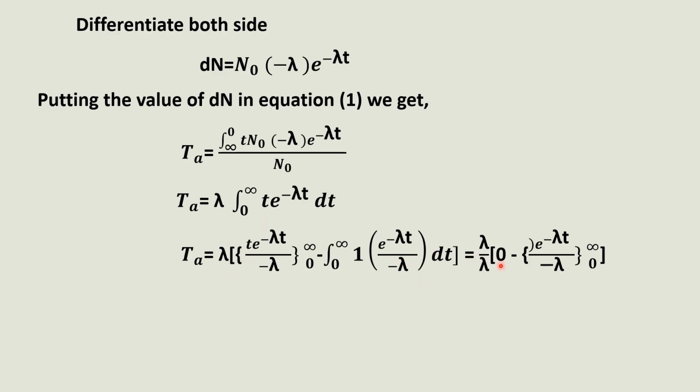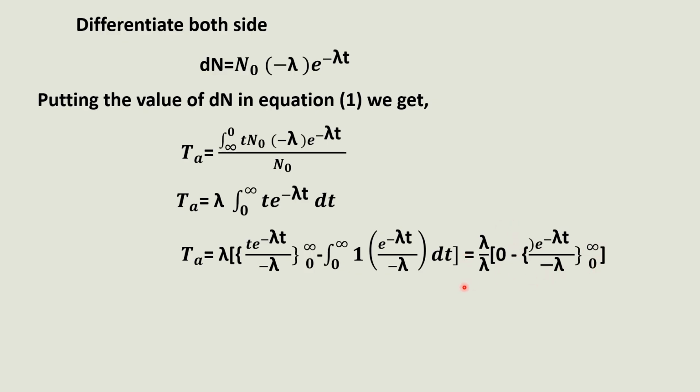Here, this term will be 0. And lambda is outside, so lambda by lambda, that is minus e to the power minus lambda t by minus lambda with limits 0 to infinity.